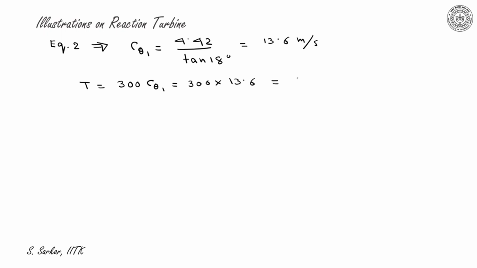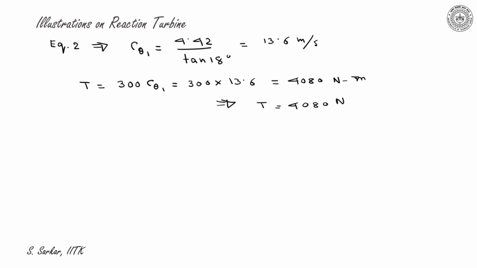Now power P can be written as T into omega, that is equal to torque into 2 pi N divided by 60.